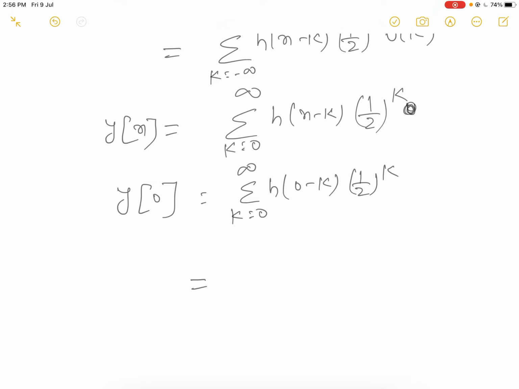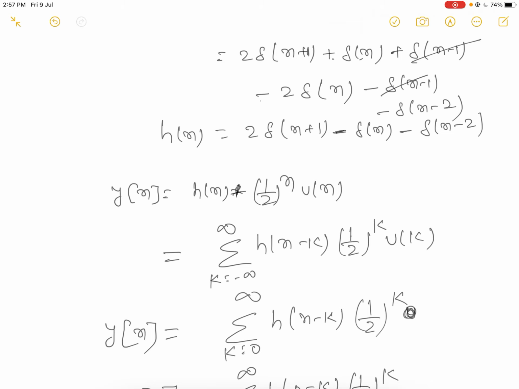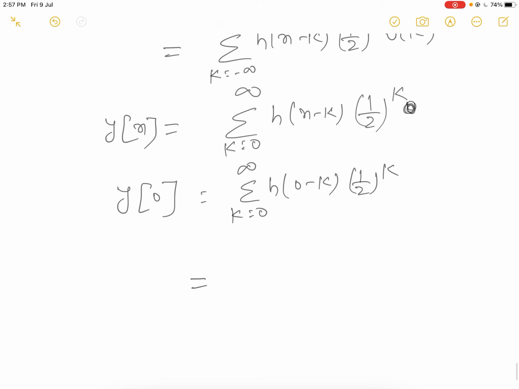I think I did some mistake, I'm checking it. The impulse response is two del n plus 1 minus del n minus del n minus 2. Okay, right.